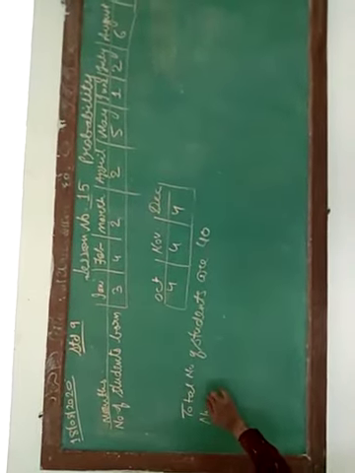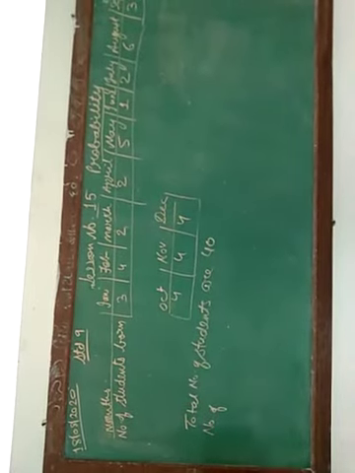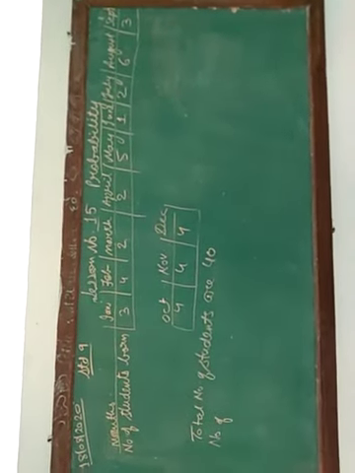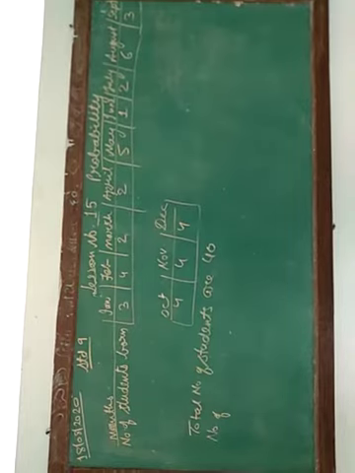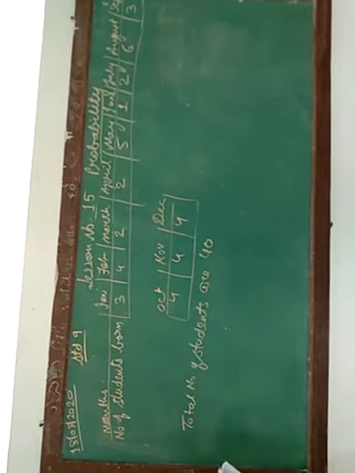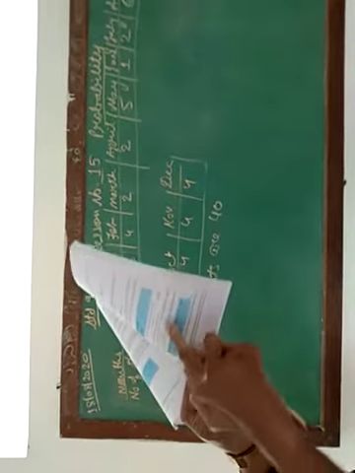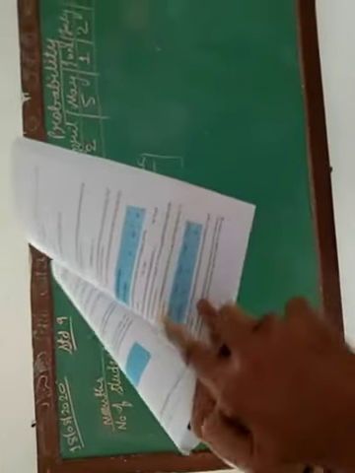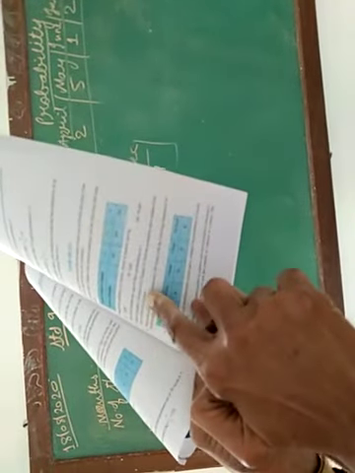We have to find the probability of the number of students born in August. The question is: find the probability that a student in a class was born in August.